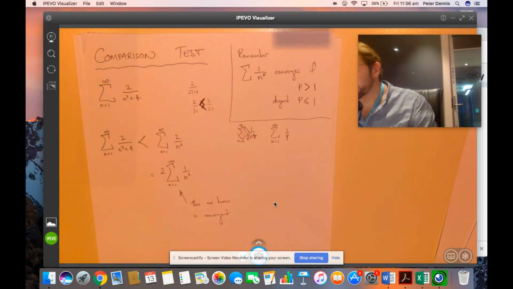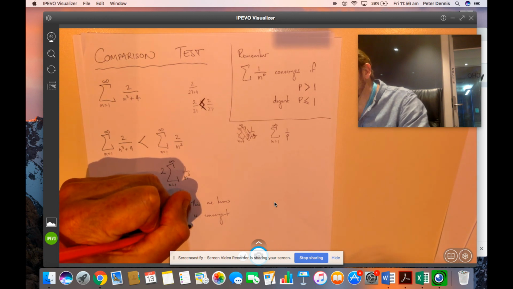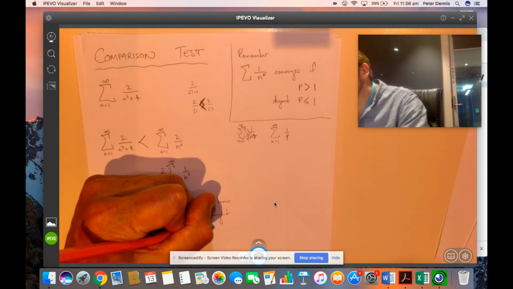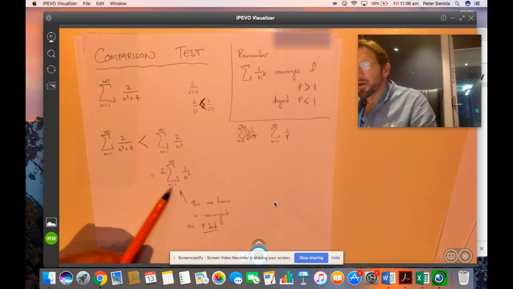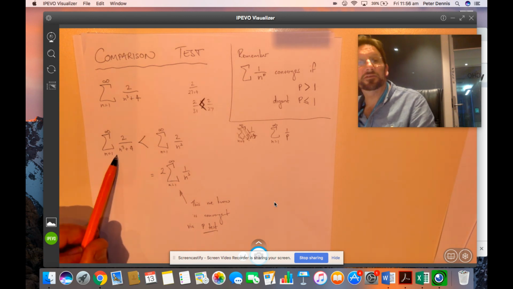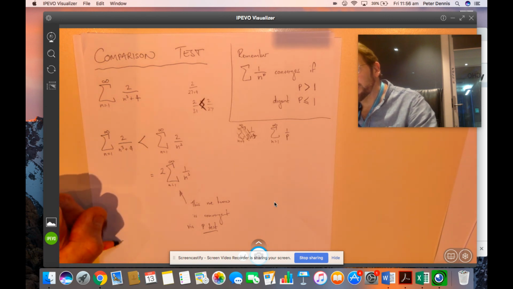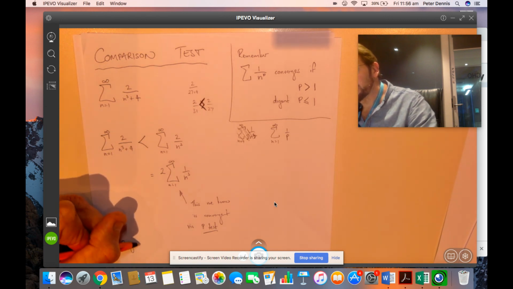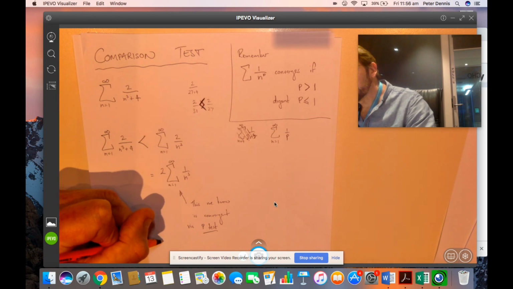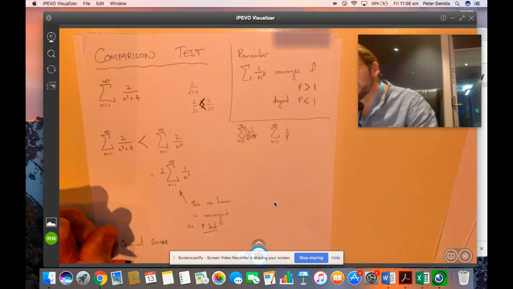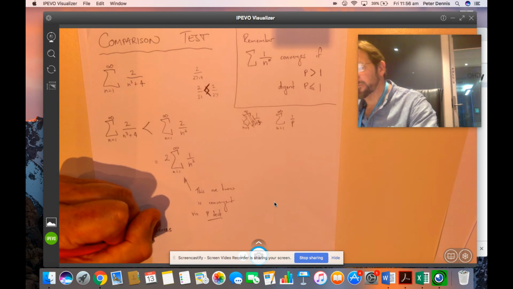Via the p-test. And if this is convergent and the original is smaller than it, it must be convergent as well. Therefore, the original series is convergent.